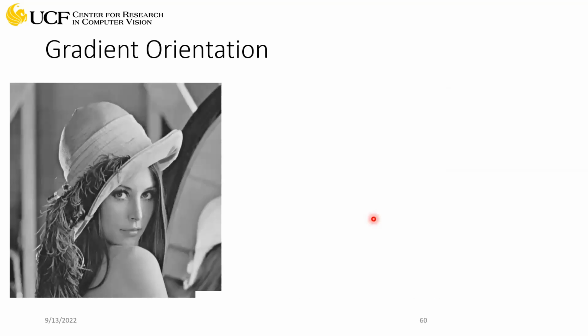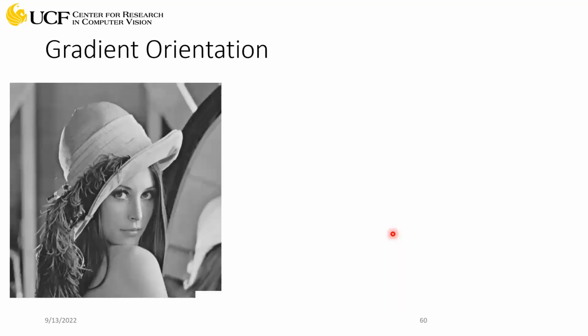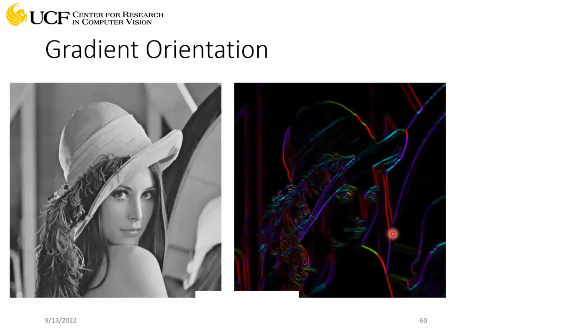This is something new. Once you have these edges, what we do is we try to find the orientation of the edges, which means in which direction we have edges in the input image. All right, so this is just one visualization, and essentially what's happening at each pixel location, we are trying to determine in which direction the edge actually lies.